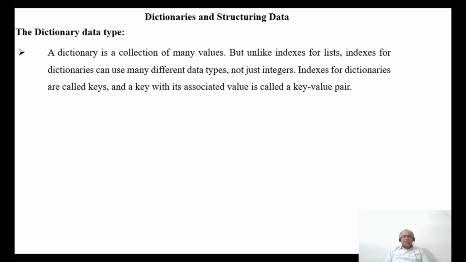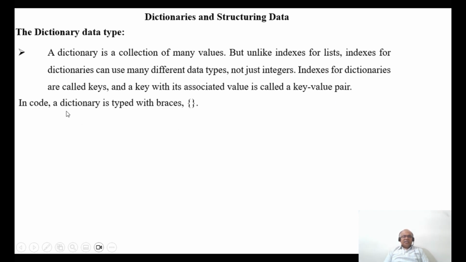But unlike indexes for lists, indexes for dictionaries can use many different data types, not just integers. Indexes for dictionaries are called keys, and a key with its associated value is called a key-value pair.